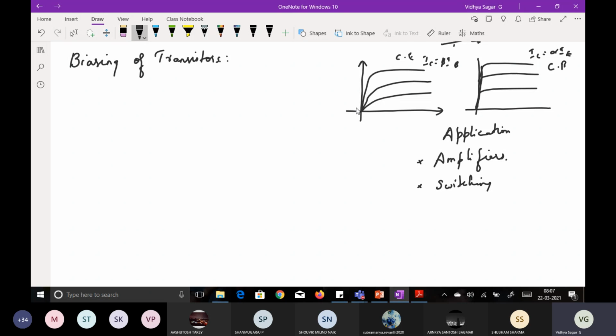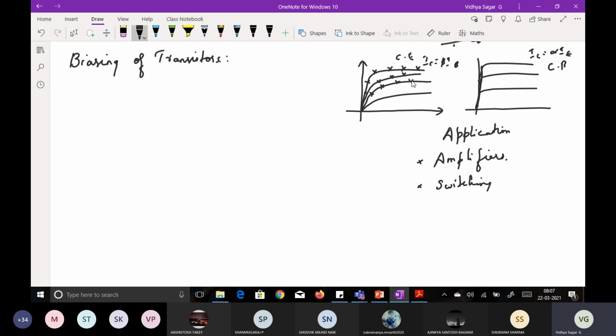But you could see this is the characteristics of a CE configuration. Where should I apply your input to make sure that the transistor amplifies the given signal? Is that clear?